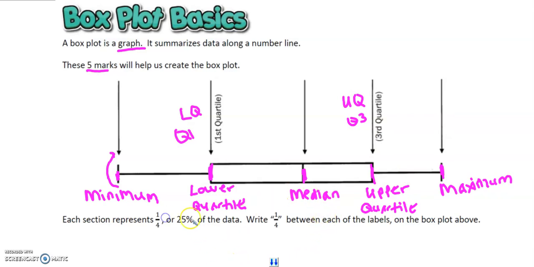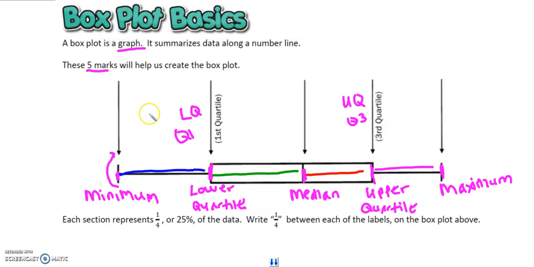And notice this is split up into 4 sections. We have our first section, our second section, our third, and our fourth. So having 4 sections, that's kind of like a quarter. There's 4 quarters that make a dollar. So in this graph, there's 4 sections that make up the whole thing.